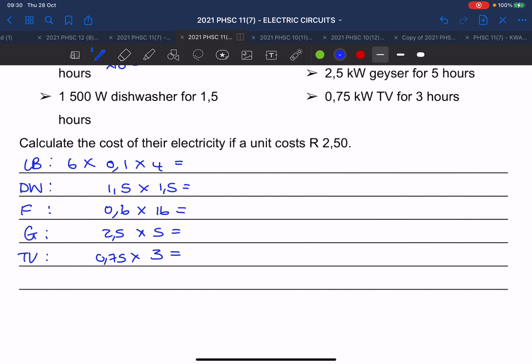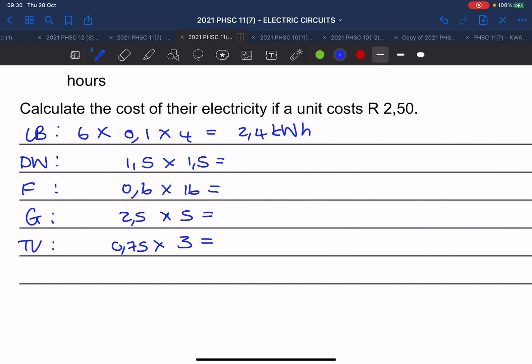Calculate. You get 2.4 kilowatt an hour. Okay, I'm not going to write that for everyone. Cananelo? 1.5 times 1.5, that gives 2.25. Tipiso? 9.6.